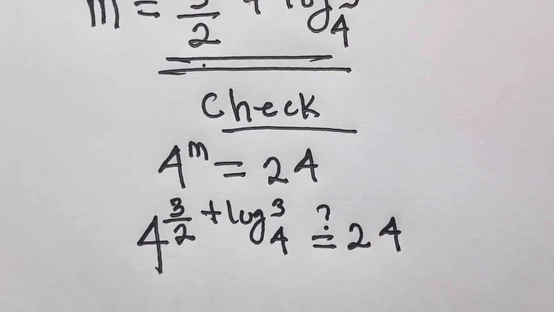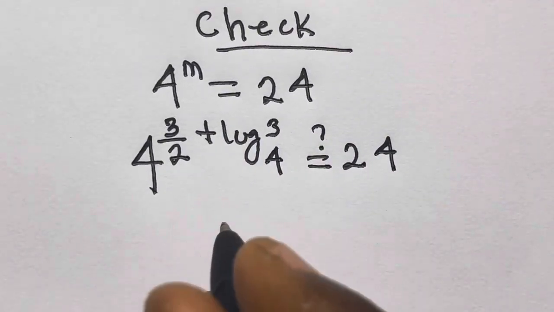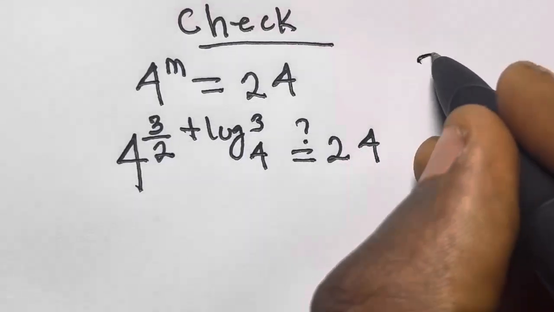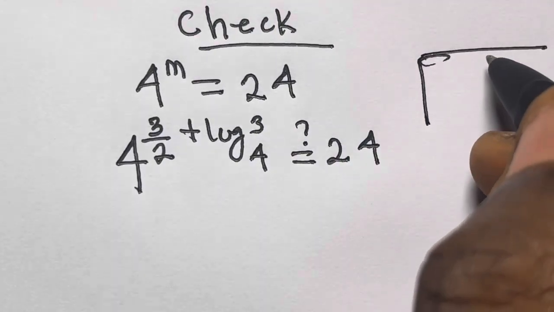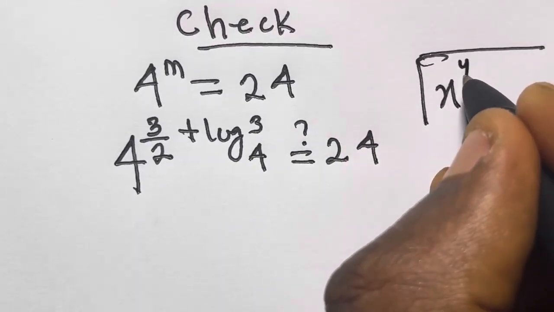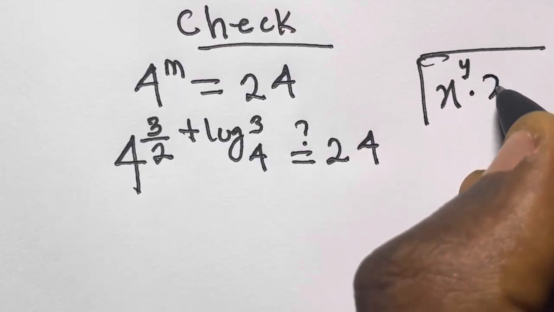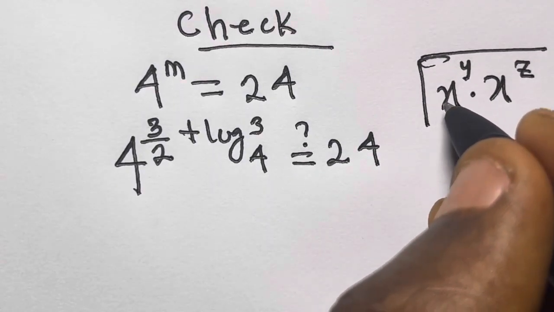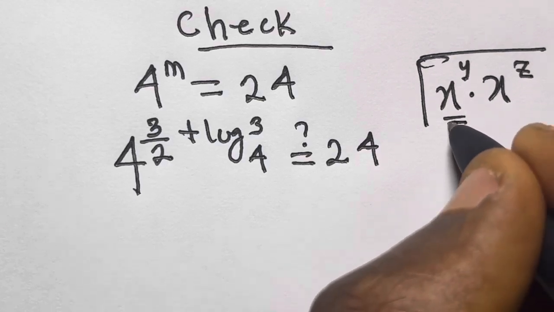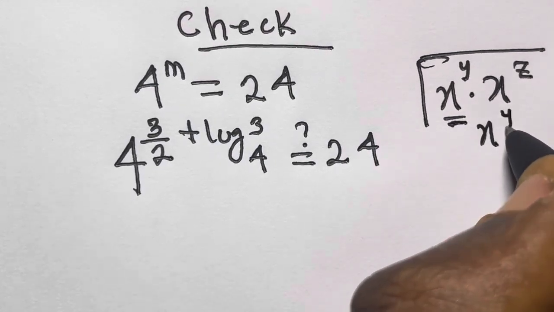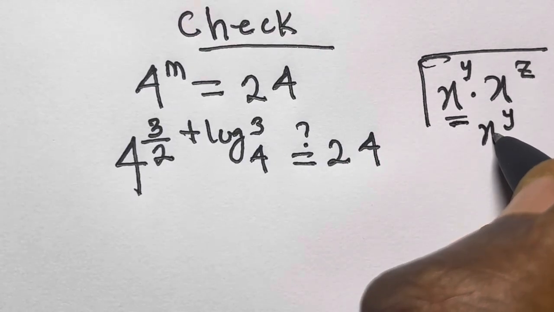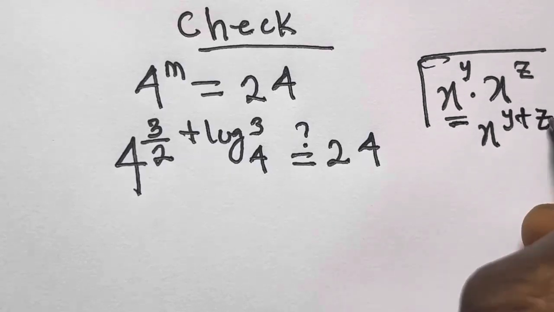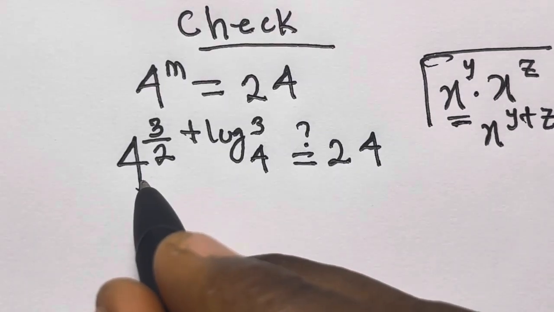Let's see. Wherever we have x raised to power y times x raised to power z, this multiplication law of indices says when numbers with equal base are being multiplied, their powers are added, so this equals x raised to power y plus z. If you apply it, you can just break this.